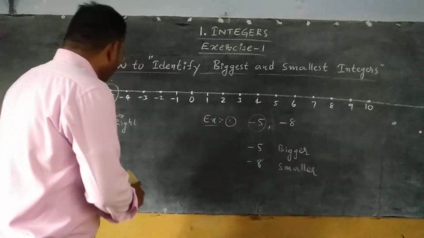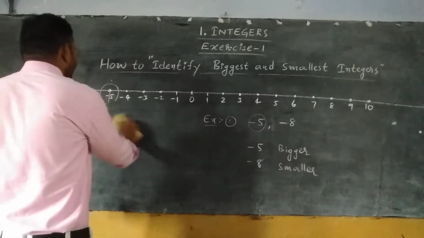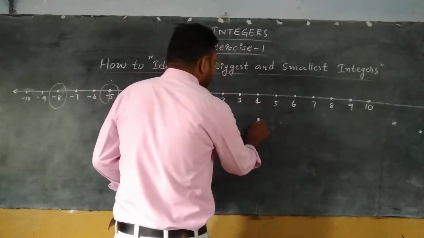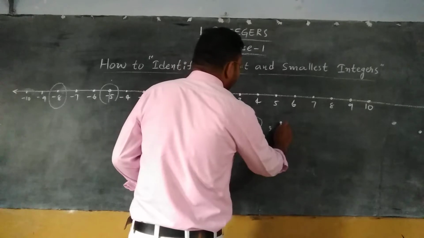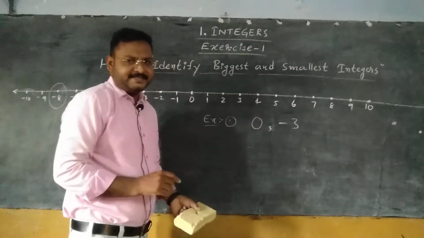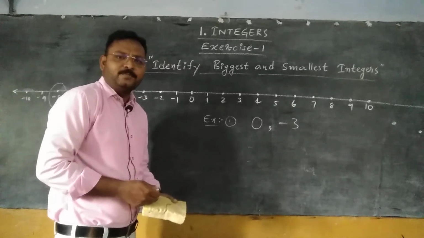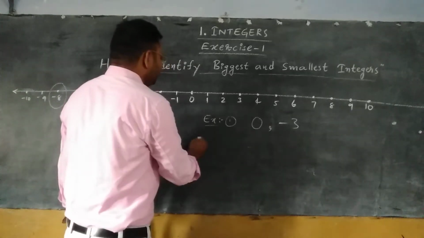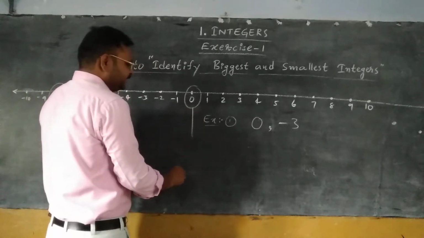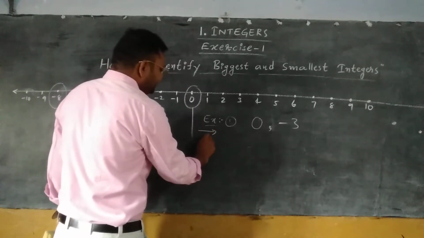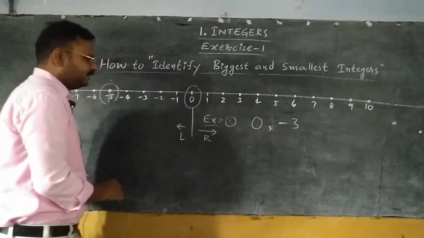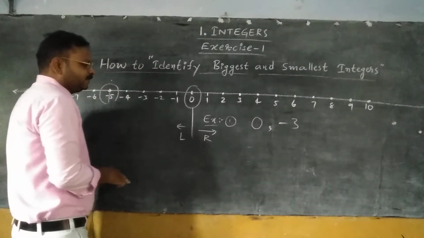Here is one more problem. Take 0 and minus 3. Which is bigger, which is smaller? The first number is 0. Encircle 0 and draw a line here, with the left and right directions. Where is minus 3?